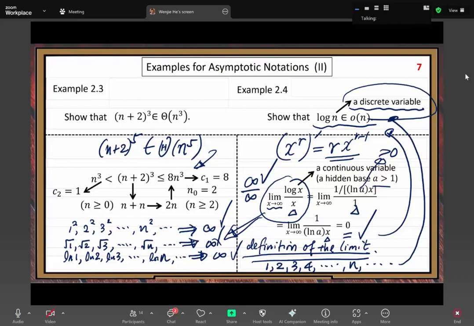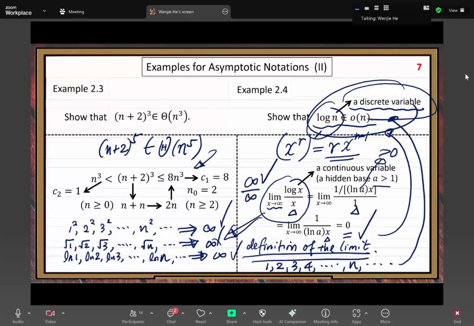Another thing is, if some of you read the textbook, the textbook uses this discrete version directly. It does not use the continuous version. It takes the derivative on this discrete version function directly.